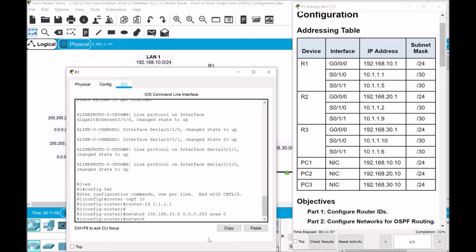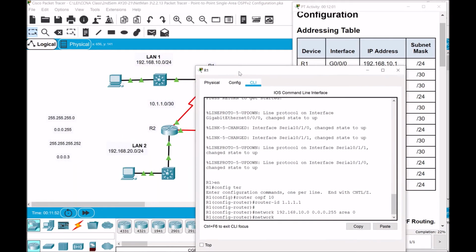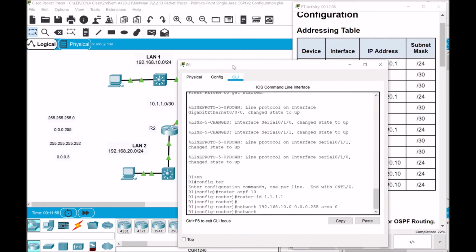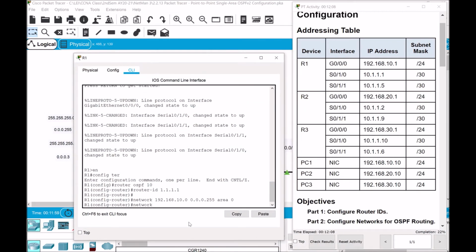So we type in network again, and the other network connected is 10.1.1.0/30. So that's 10.1.1.0, and the wildcard mask is 0.0.0.3, and area is always 0.